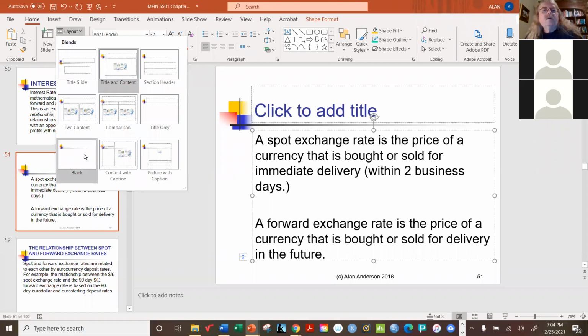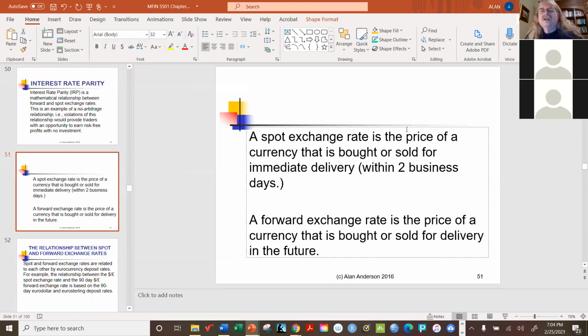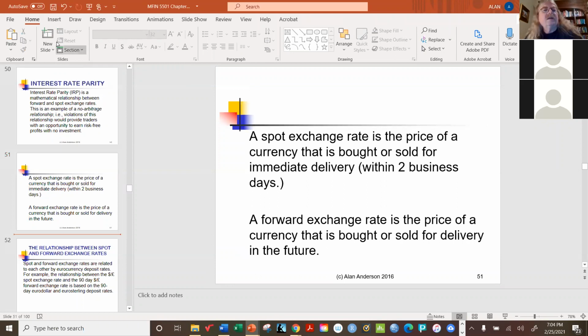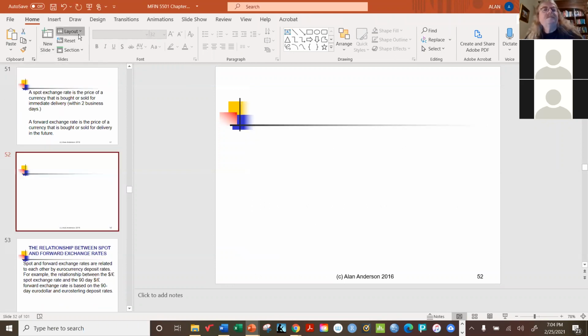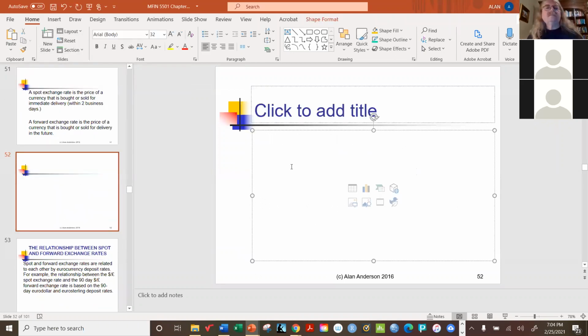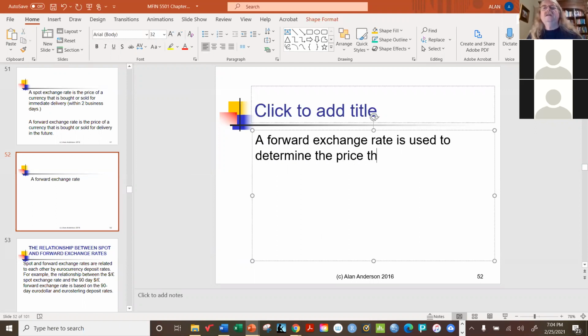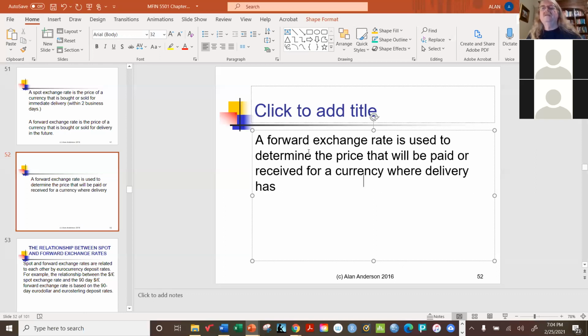They're very important because a forward exchange rate is used to determine the price that will be paid or received for a currency where delivery has been arranged through what we will call a forward contract.